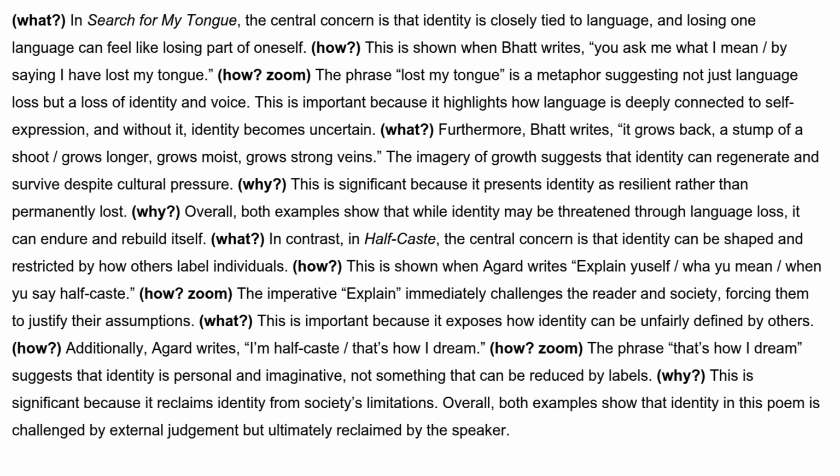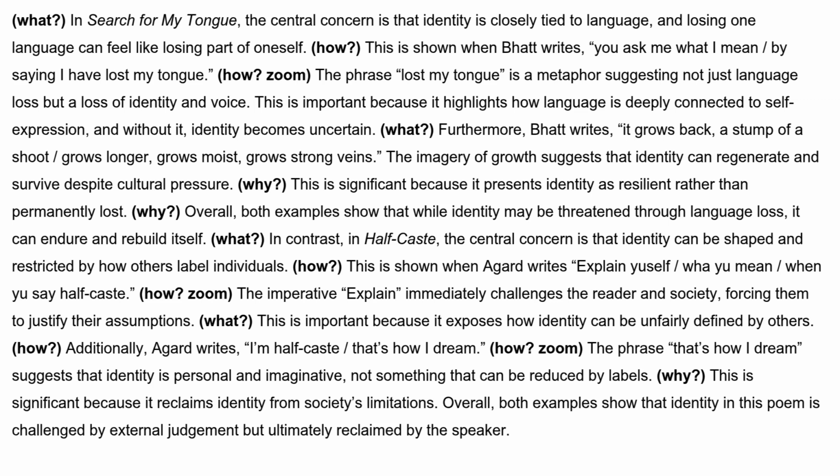Now, in contrast, so that phrase shows there's a difference coming. In Half-Caste, the central concern is that identity can be shaped and restricted by how others label individuals. There's my claim. How? Where's that shown? Well, this is shown when Agard writes, "Explain yourself what you mean when you say half-caste." And zoom in again on the imperative explain, which challenges the reader and society, forcing them to justify their assumptions. What? Well, again, this is important because it exposes how identity can be unfairly defined by others.